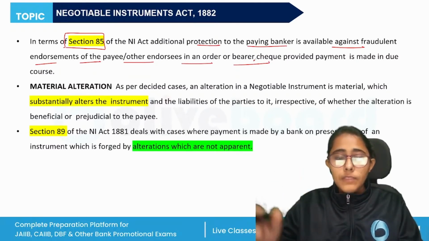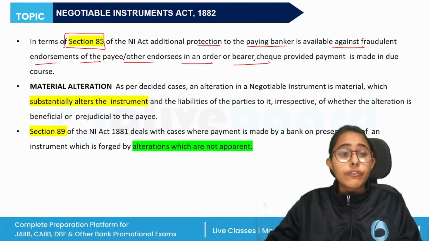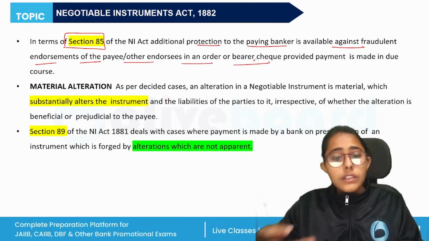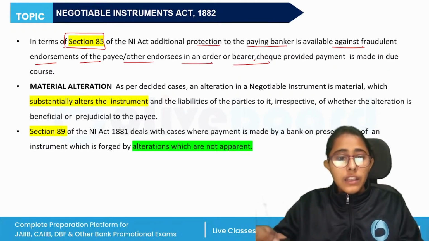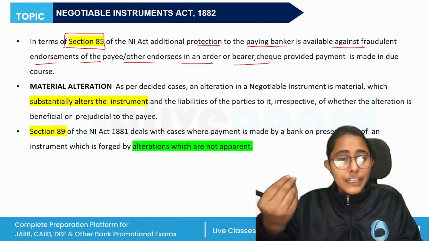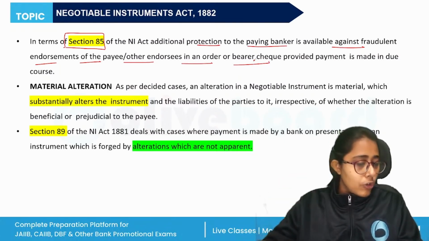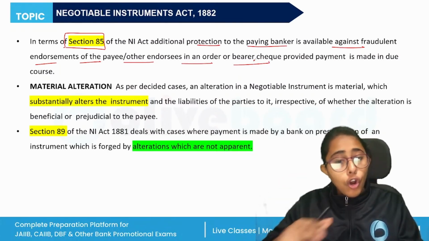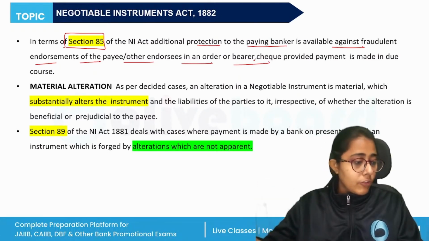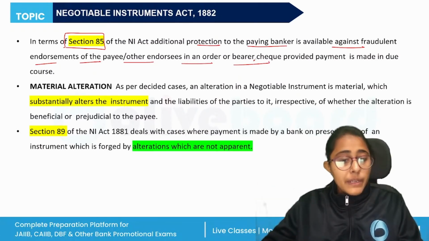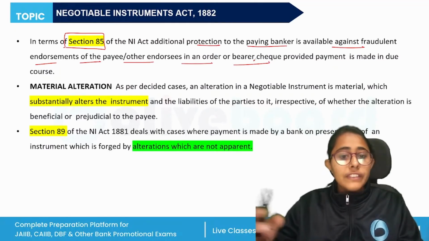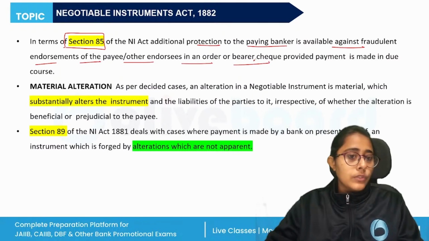So these are the conditions to be fulfilled for protection: that there was no doubt that the payment of the check had any question, it was in accordance with the apparent tenor, the check was not crossed and was payable to the payee or the order, and payment was made in good faith and without any negligence. If all of these things are seen, then protection will be provided to the banker.